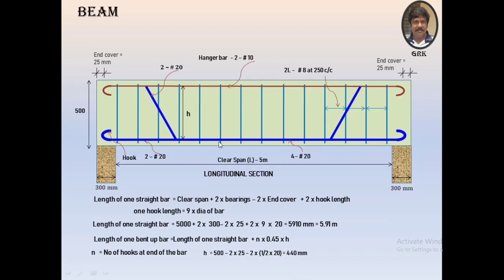So totally the h distance works out to be 440 mm. Actually it is not hooks, it's the number of bends. We'll make the correction in the other diagram. This is one bend, this is another bend.